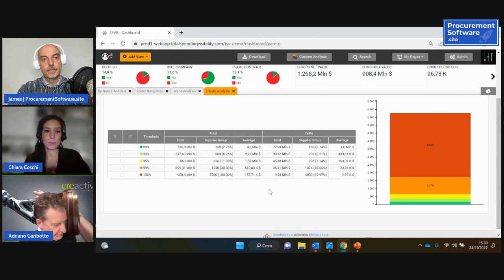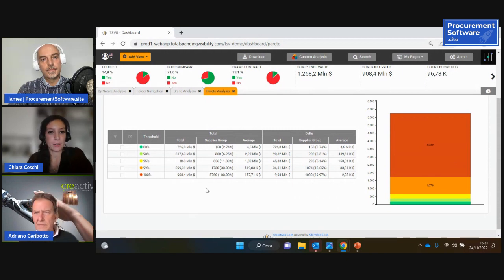Sure. So in this case, we reset all the filters. So let's say that we are having a look at the global spend. The Pareto analysis allows the visualization of the spend divided in 5 groups, where the first group represents the majority of the spend, so the 80%, and then the next ranges up to the 100%, connected to the number of suppliers that belong to this part of the spend.